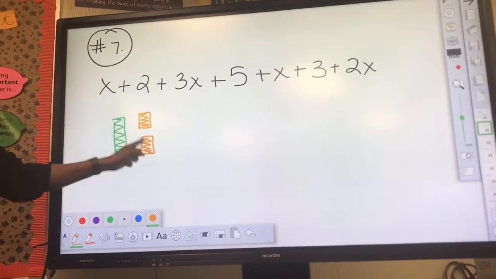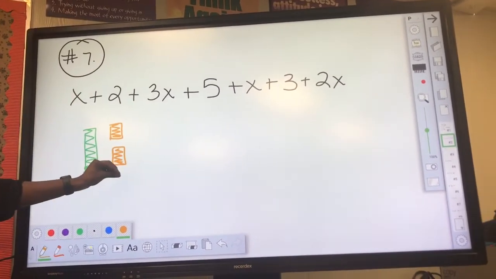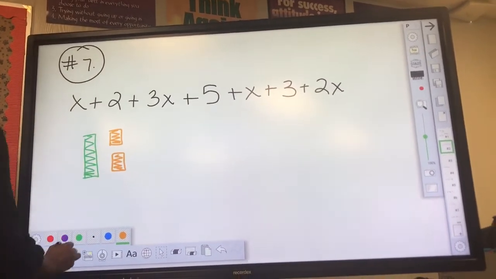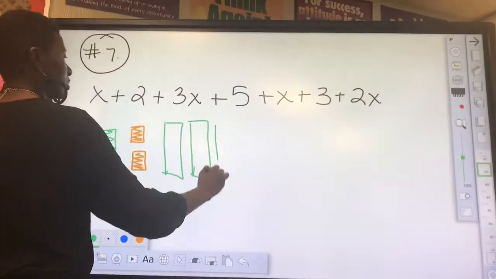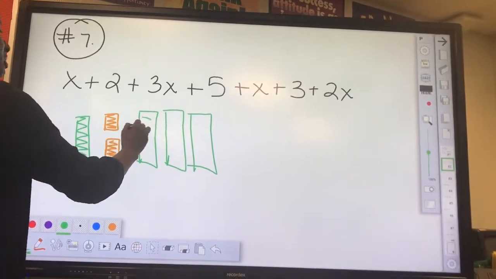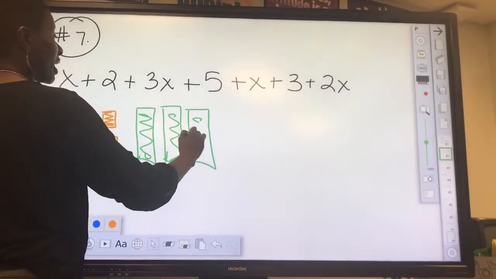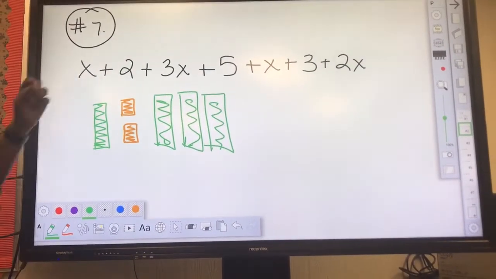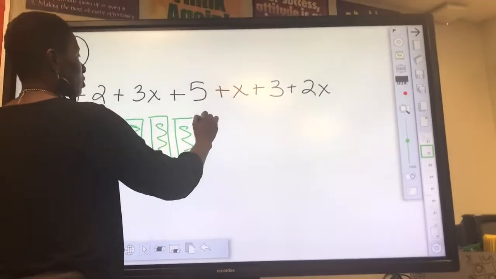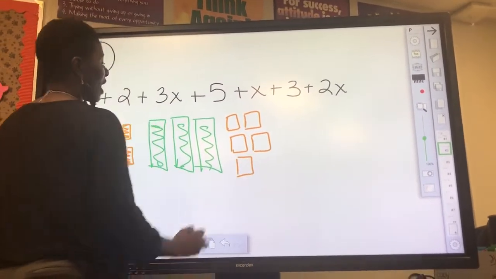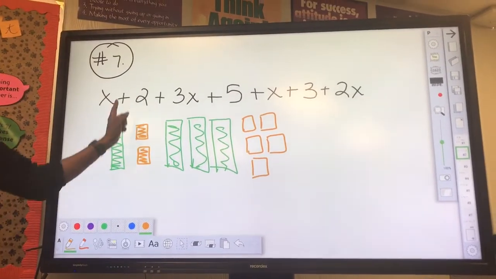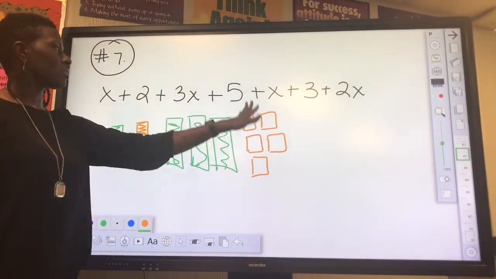So x plus 2 would be a long tile and 2 yellow tiles, right? So then I have, how many long bars am I going to put now? 3, because this is 3x, right? And then we have 5 singles, so 1, 2, 3, 4, 5. This is x plus 2 plus 3x plus 5.